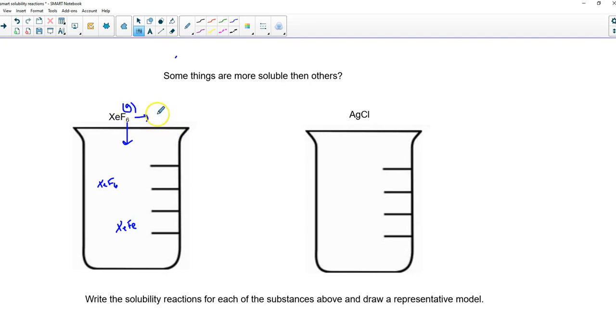It would go to xenon hexafluoride aqueous. Silver chloride is ionic, so it's going to dissolve into Ag+ plus Cl minus.